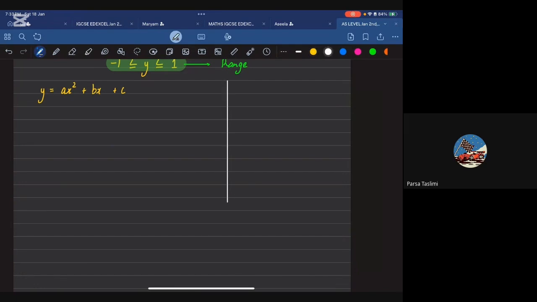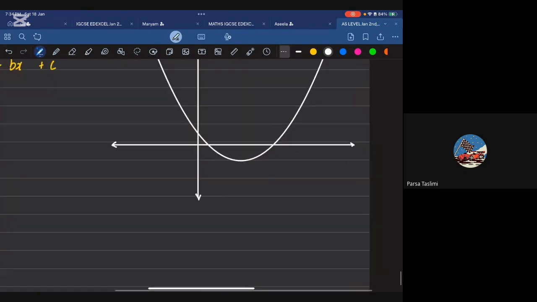Let's look at a graph of this. I'll draw a very generic, simple graph. And the turning point is also given to us.